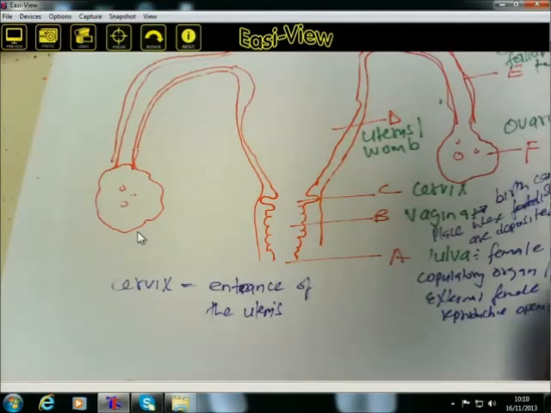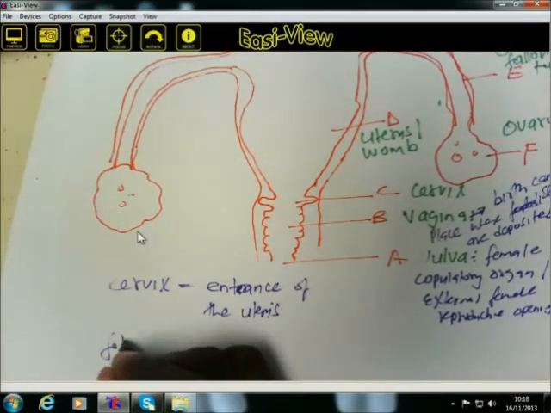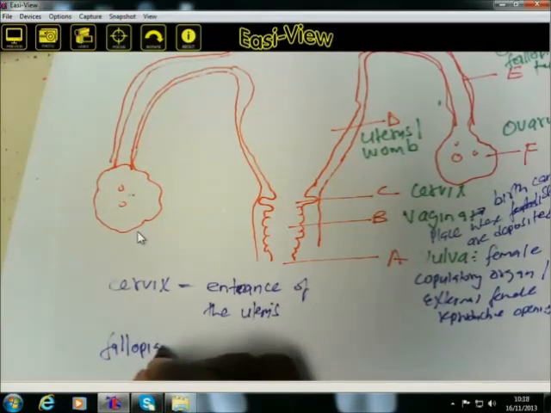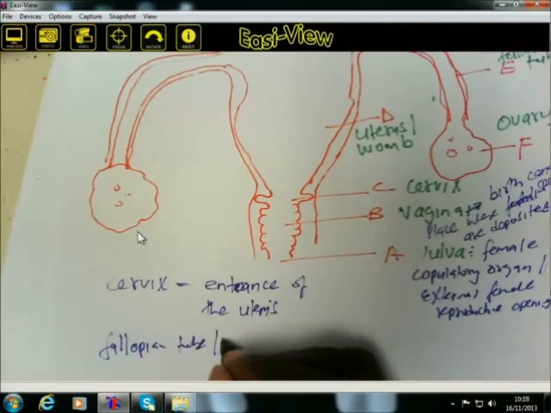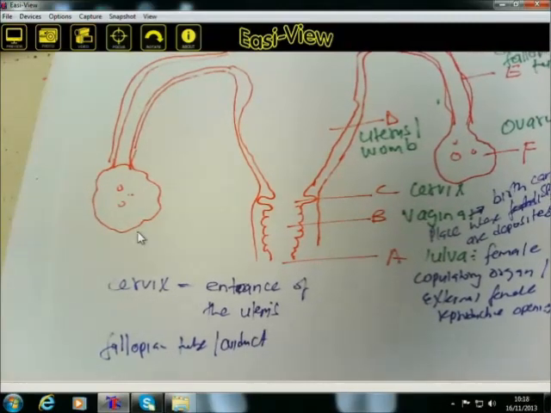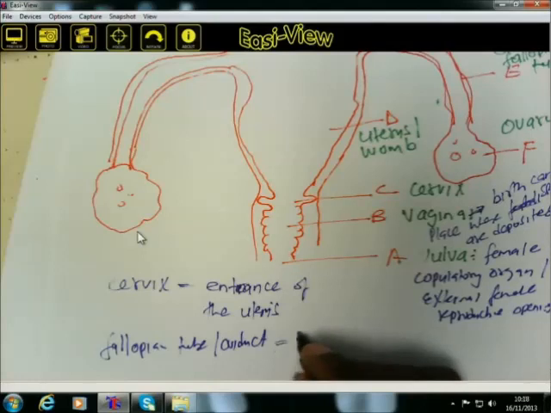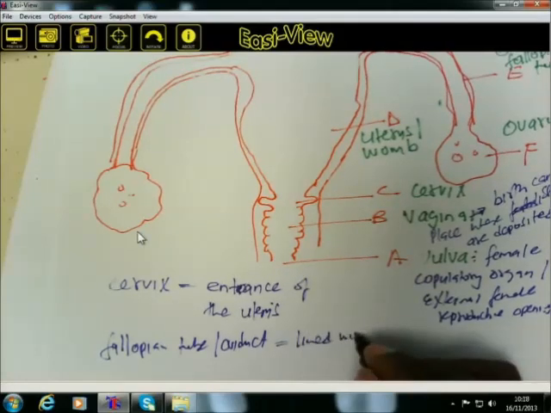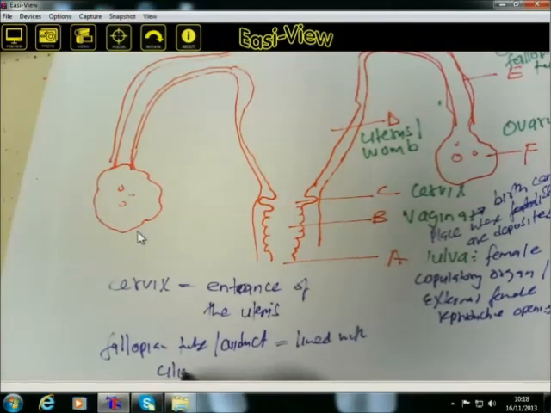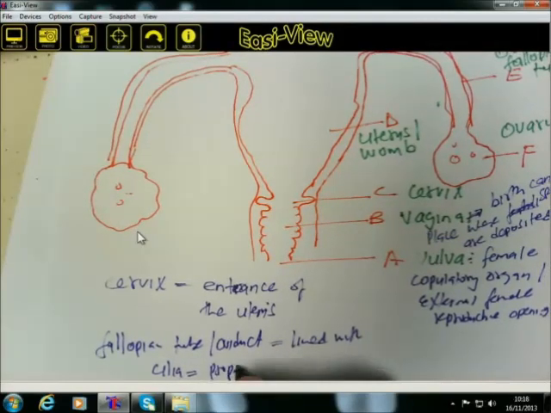Then let's go to another part here, the fallopian tube or oviduct. If you look at the fallopian tube, it is lined with cilia. Now the function of this cilia is to propel the egg cell, it allows the egg cell to move into the fallopian tube.